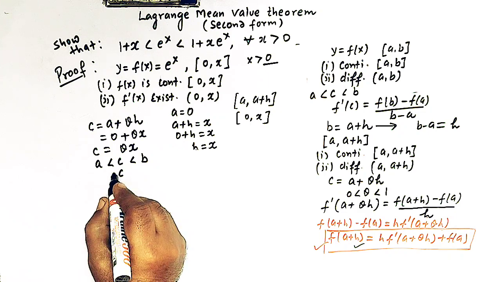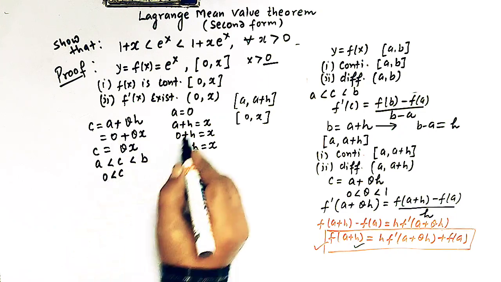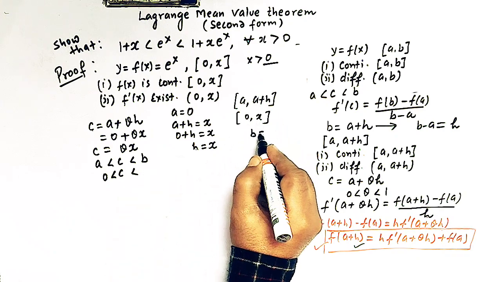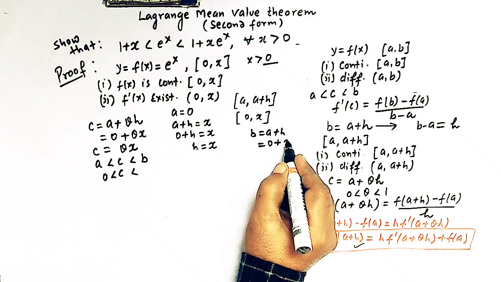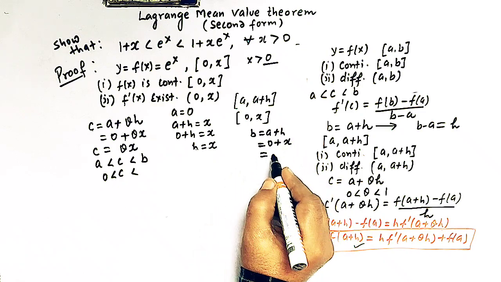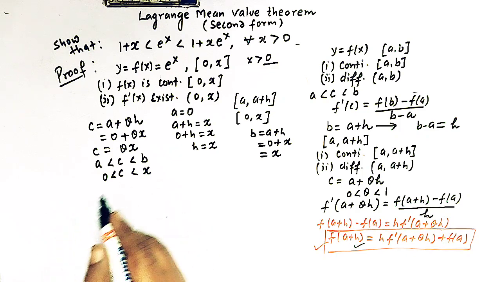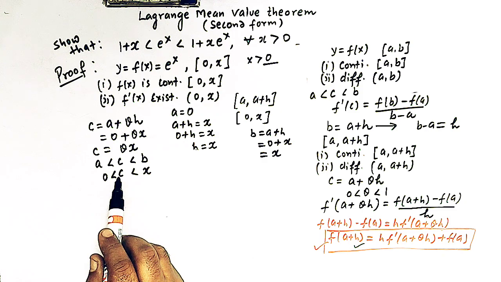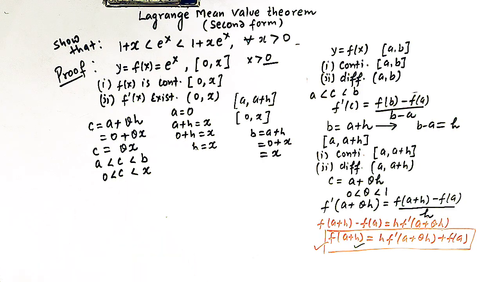So we can now write c is greater than a, which is 0, and here b is equal to a plus h, and a is 0 and h is x. Right. So we have b is equal to x, and here we write x. So we have now this inequality, that is c is greater than 0 and less than x.